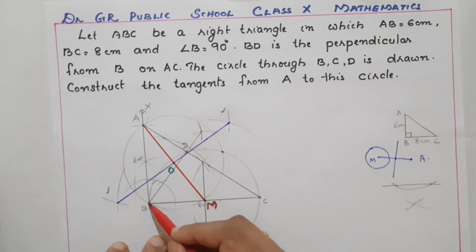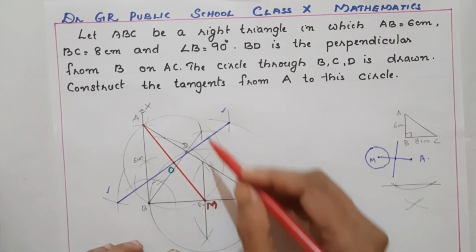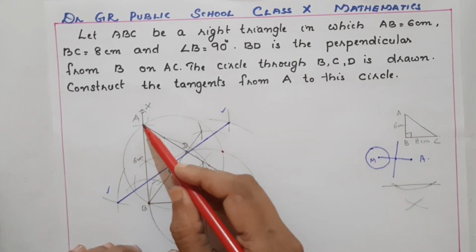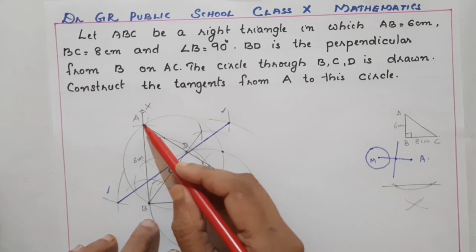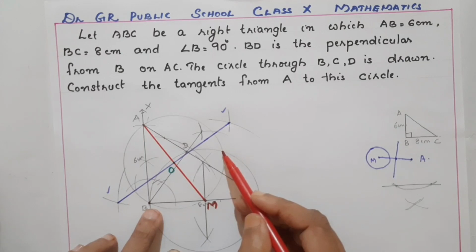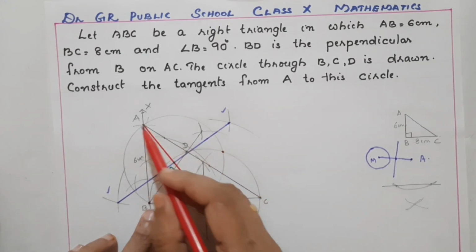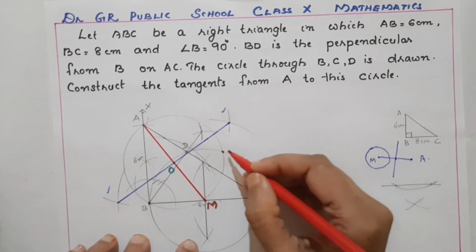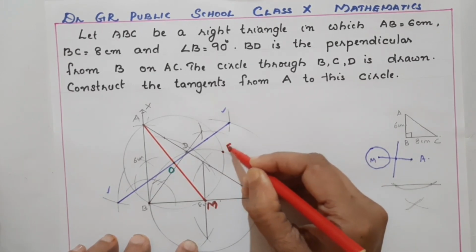And another point at B itself. At B itself, two circles are intersecting. Now from A we have to draw a line segment towards B, that we already have. Then to this point also we have to draw to get the next tangent. So this point I am giving the name E.